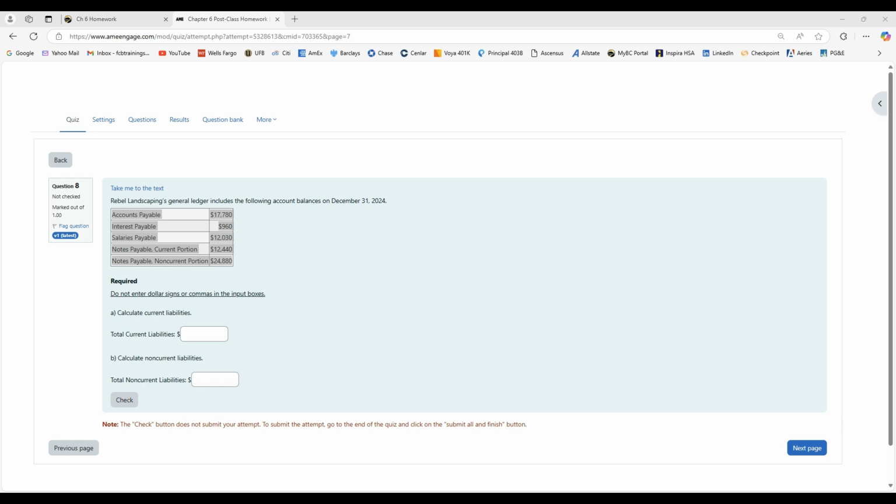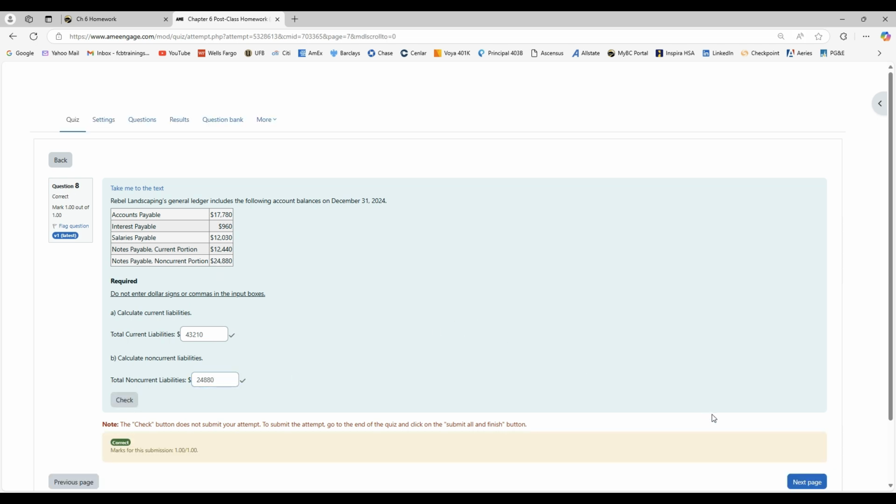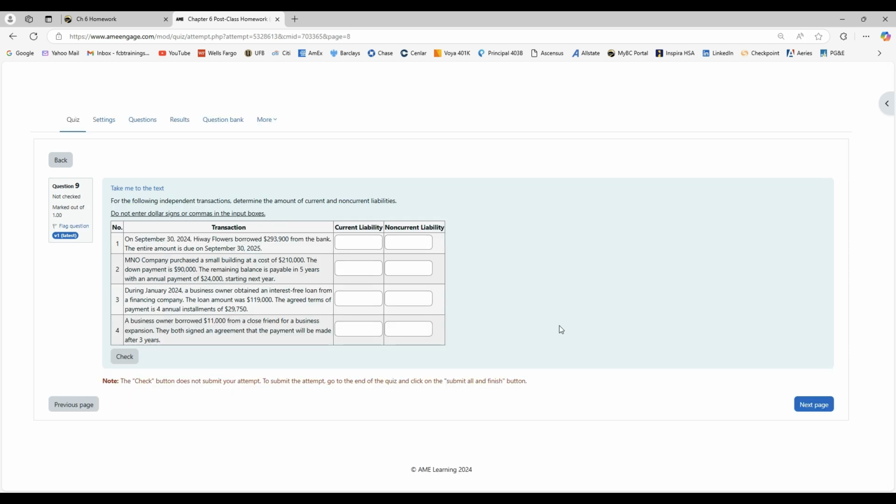So the only non-current liability on this list is the portion of the notes payable that is not current, but will be paid after the next 12 months. In the next 12 months, we have one payment to be made of this, so that is a current liability, and then this is the residual portion. So basically, we just need to add everything up other than that non-current 24,880. That leaves us with 43,210. And then non-current you're not really going to calculate, it's just the only one there that is non-current. So pretty easy and straightforward.